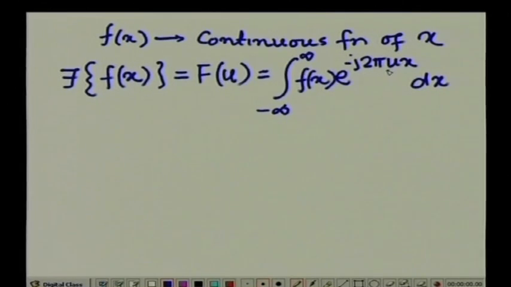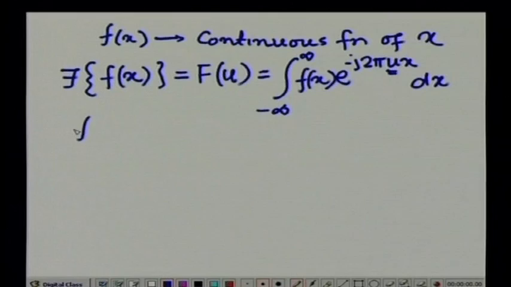Here the variable u is the frequency variable. So, given a continuous function f(x), by using this integration operation we can find the Fourier transform F(u).